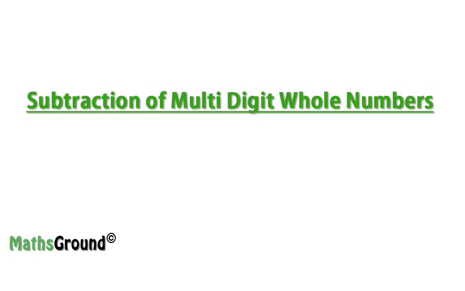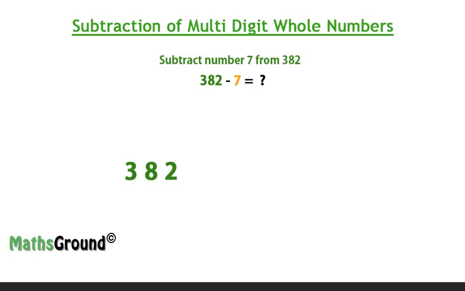Subtraction of multi-digit whole numbers. Subtract number 7 from 382. Place value of digits in number 382 are as shown.